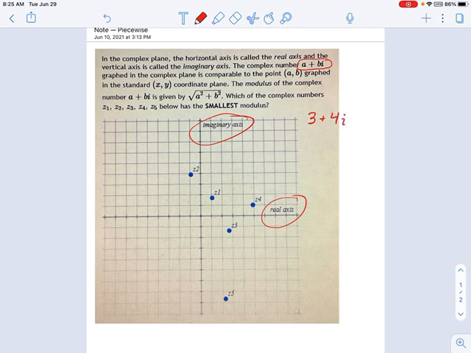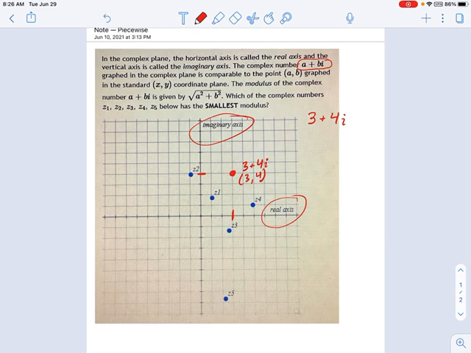The way that would graph in the complex plane is you go over to the point x equals 3, which is right here, and the point y equals 4. Remember, y is representing the imaginary axis, and that's your point right there. So that dot that I just made is the point 3 plus 4i when graphed on this plane, or in other words, (3, 4). So that's what we're talking about.